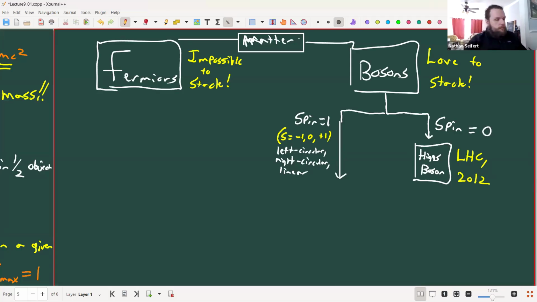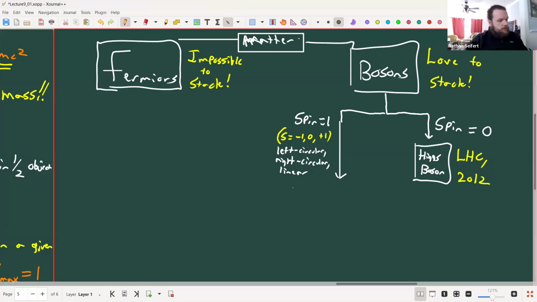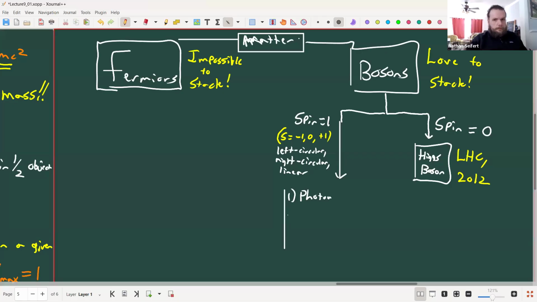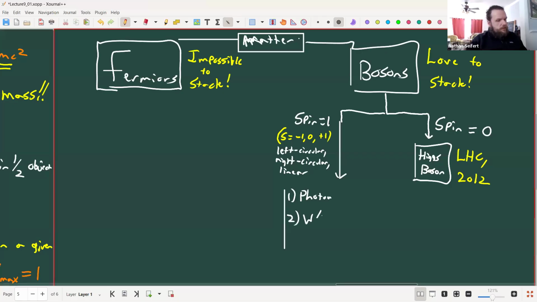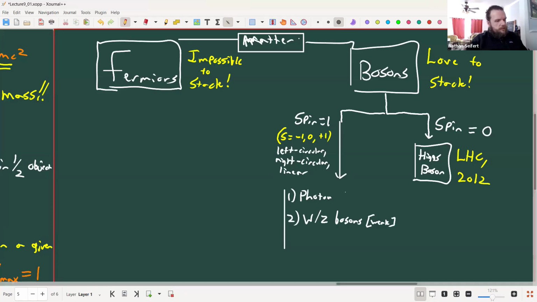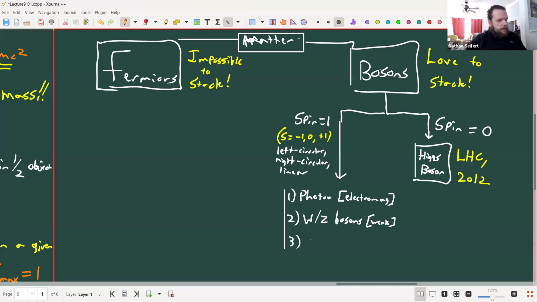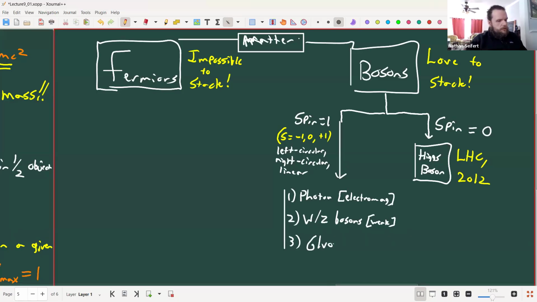And then there are the spin 1 ones, and there's 3 flavors, if you will. There's the photon, which is the electromagnetic force carrier. There's the W and Z bosons, which are the weak force. And then the gluons, the strong force.